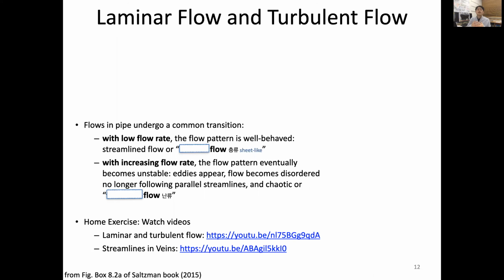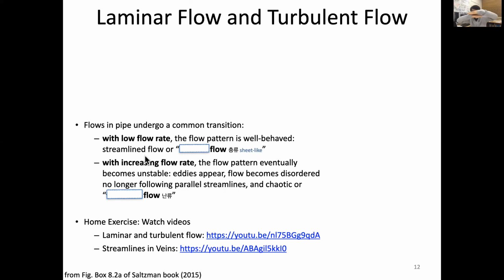Now I want to get into two types of fluid flow inside a pipe or blood vessel: laminar flow and turbulent flow. Flows in a pipe undergo a transition from laminar to turbulent. With a low flow rate, the flow pattern is well behaved, streamlined, or layered, which means the molecules or particles in one layer will not communicate much with another layer.